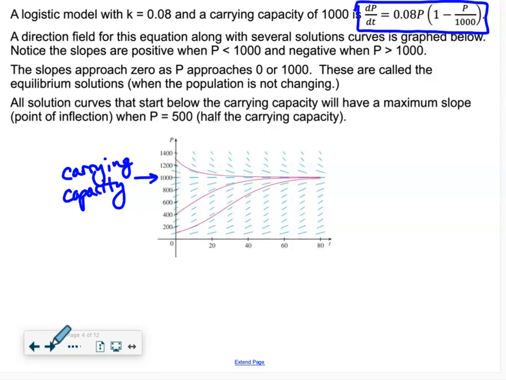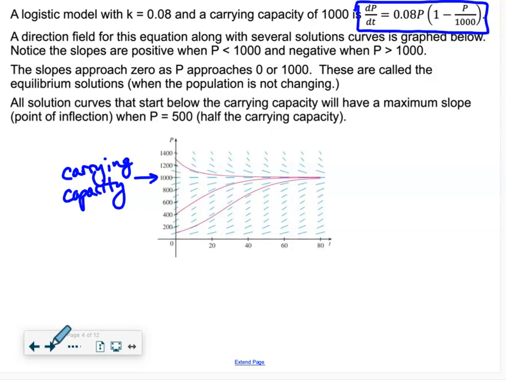So either way, the carrying capacity serves as a horizontal asymptote for your function. The farther you go in time, as time approaches infinity, your graph, no matter where you start, is going to approach that carrying capacity.